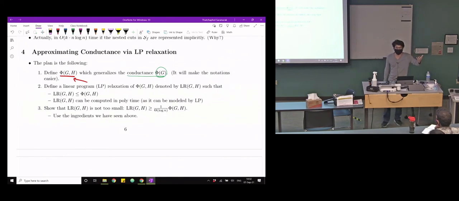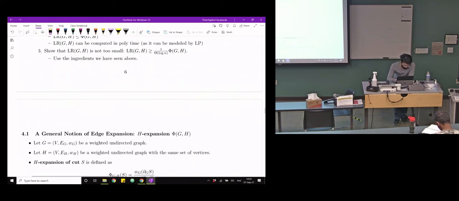Try to write it as an LP, solve that LP, and hope that the solution given by the LP is still close to what you want. That is, hope that the way you model it as an LP is accurate enough. That is the strategy. So let's go to it.